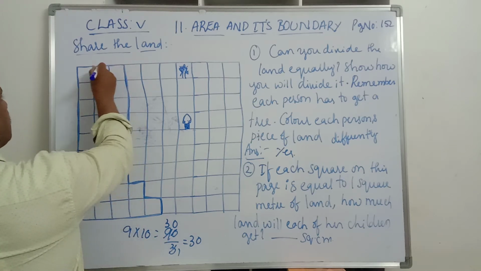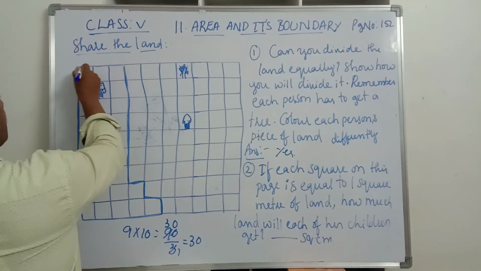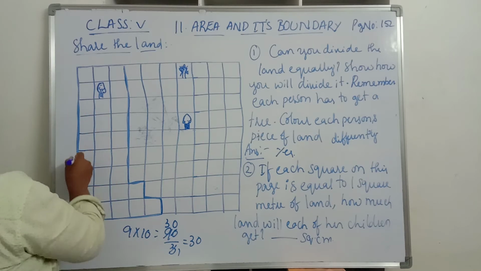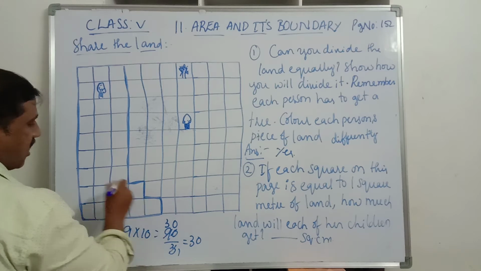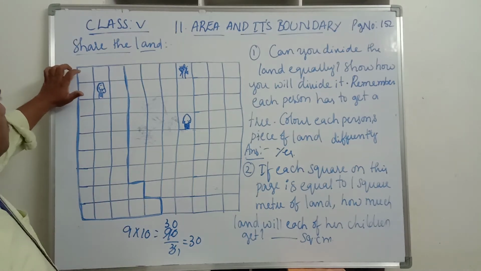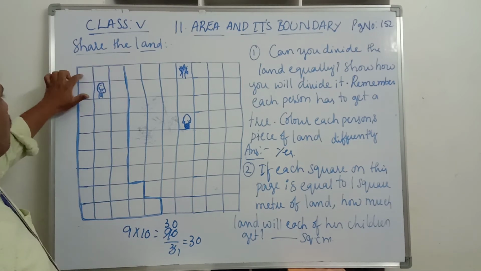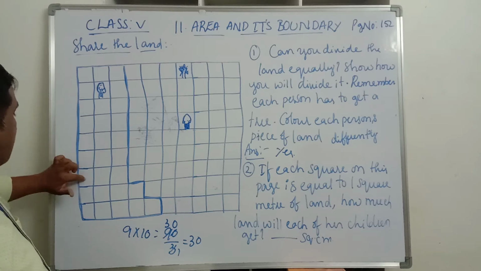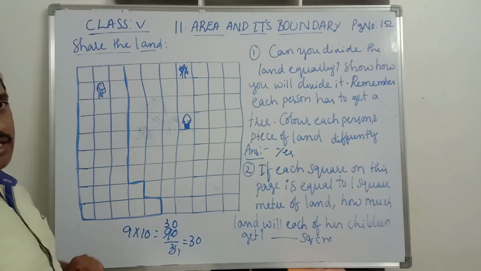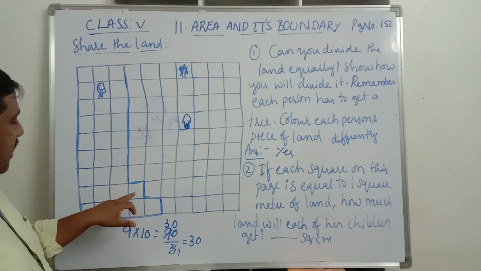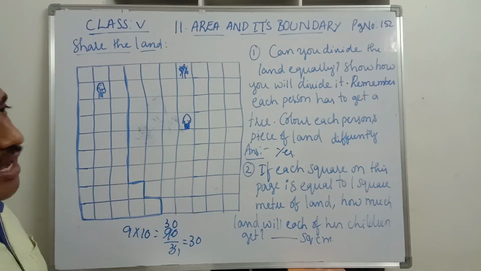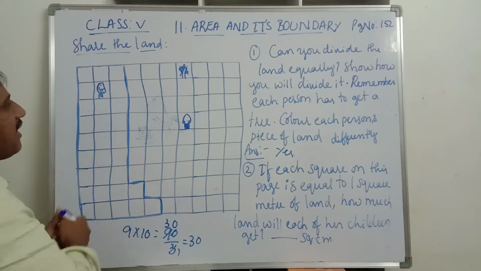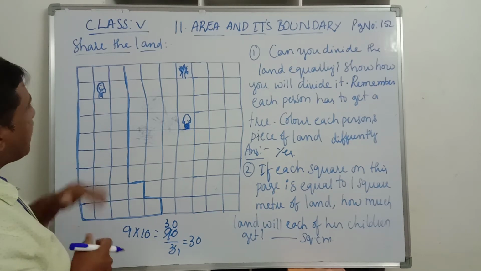I am making thick lines, a thick boundary. I am drawing the boundary line of one child's land. Now count 1, 2, 3, 1, 2, 3, 4, 5, 6, 7, 8, 9. 9 into 3 is 27, and 28, 29, 30. 30 boxes, 30 square meters she got, if each one is 1 square meter.